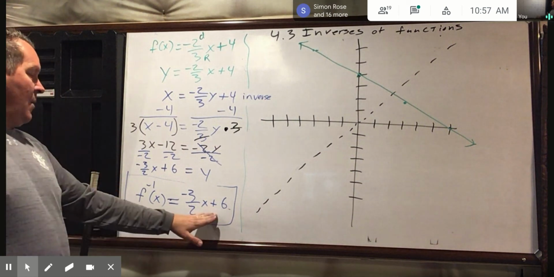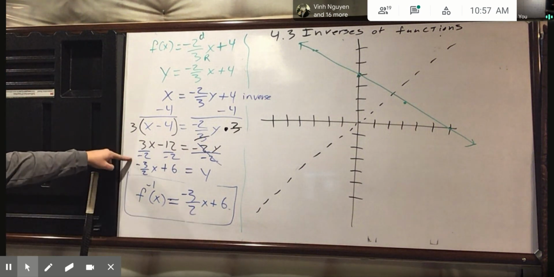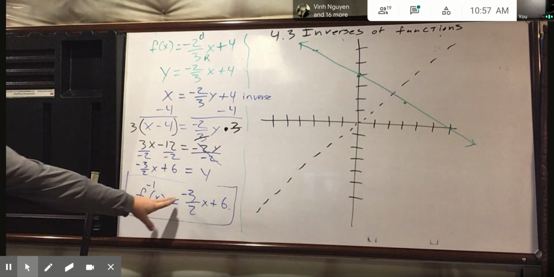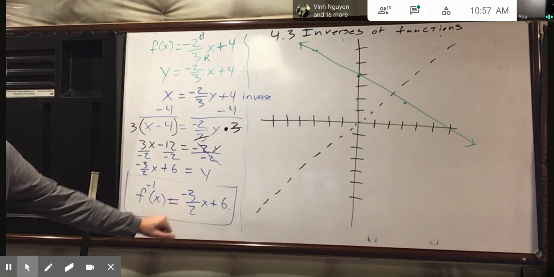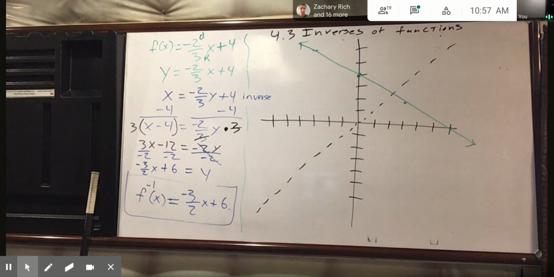Everybody understand how we got this negative 3/2 here? Once again, if I have a positive over a negative, it's the same thing as a negative over a positive. We always move the negative to the top. That way we know we always go right. Any questions before we finish up the lesson on this equation?